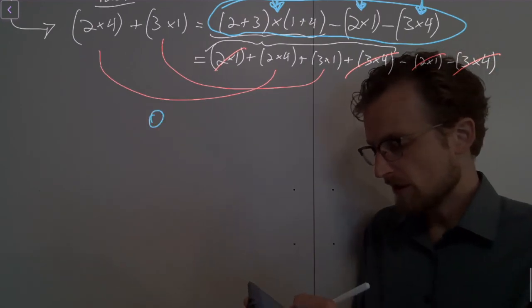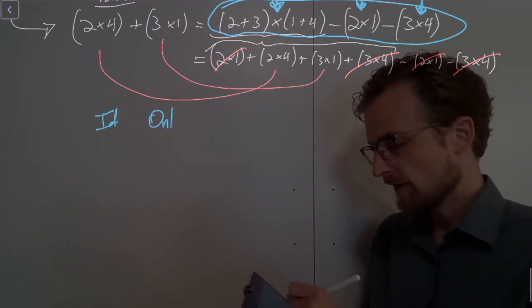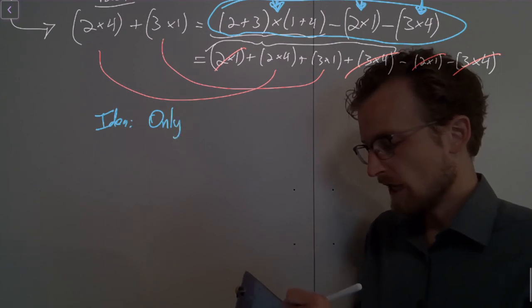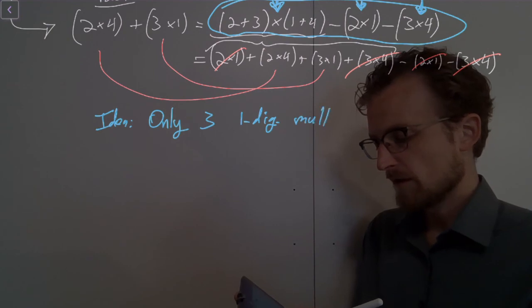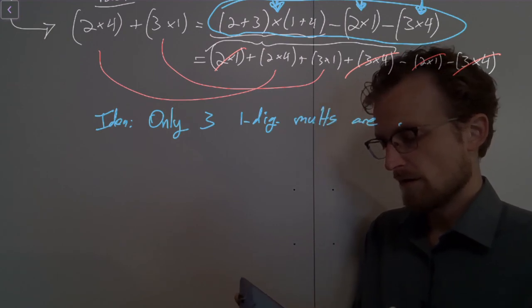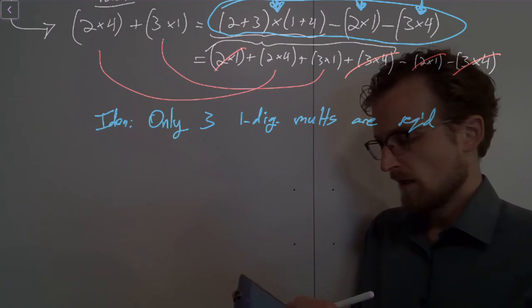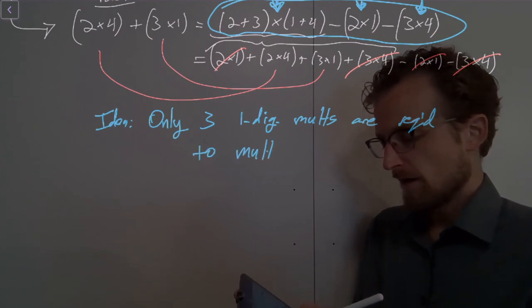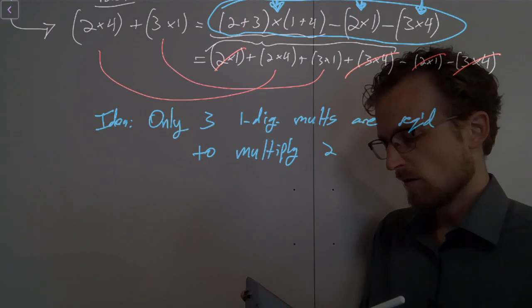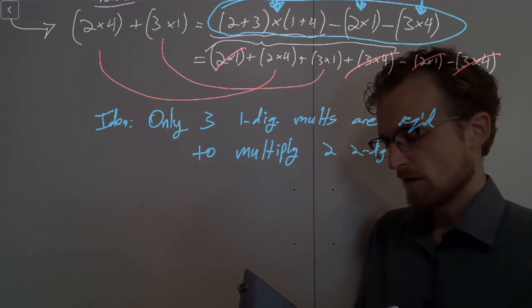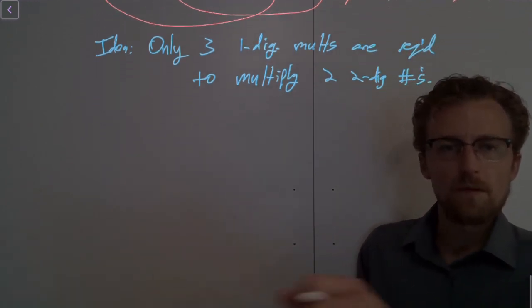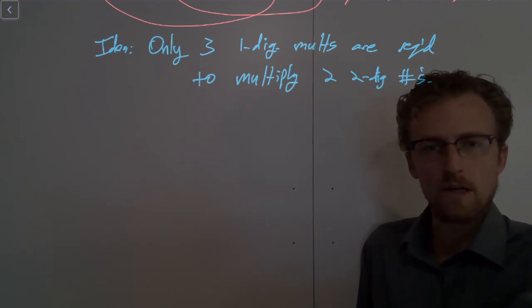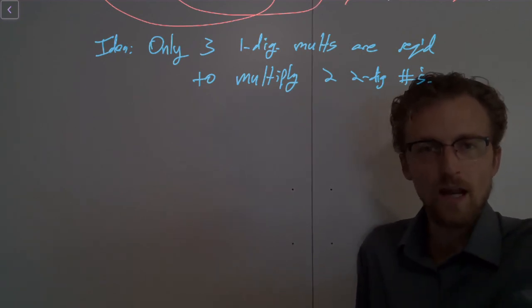So the idea here is only 3 one-digit multiplications are required to multiply 2 two-digit numbers. Okay, so let's think a little bit about why that might be the case in the next video, and then more importantly, let's think about how we might generalize that.